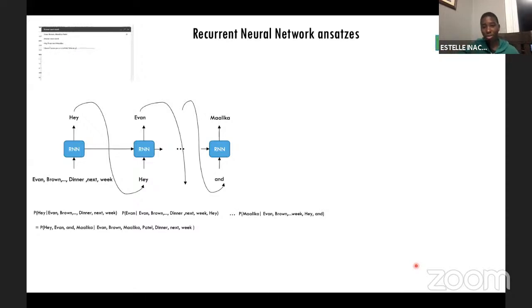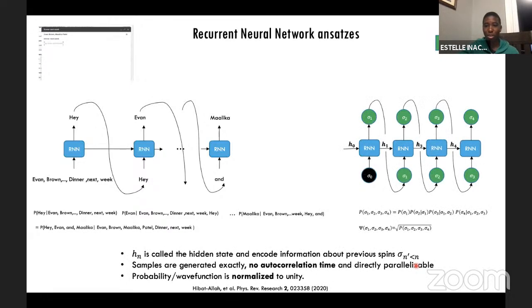Say you want to sample a spin configuration, which hopefully will be the result of an optimization problem. We could use the same sampling, which is autoregressive sampling, to literally sample each spin of our configuration one at a time, and using again the chain of probability distributions to obtain the joint probability distribution of sampling a spin configuration.